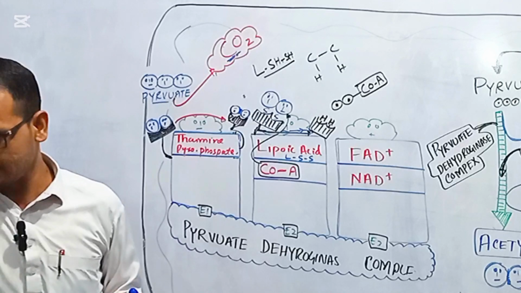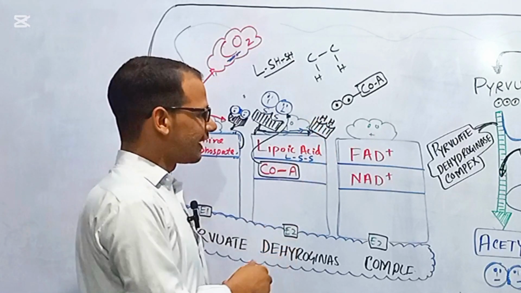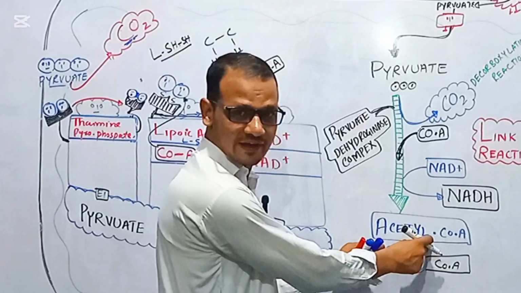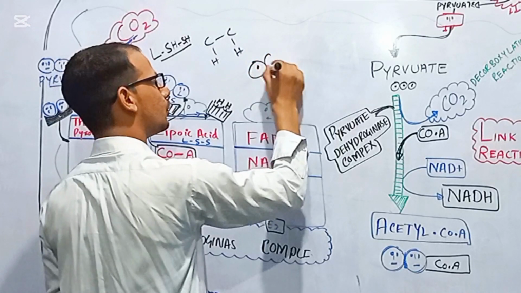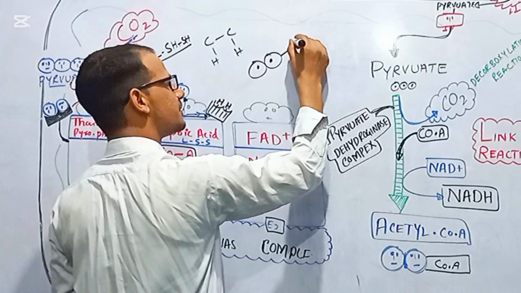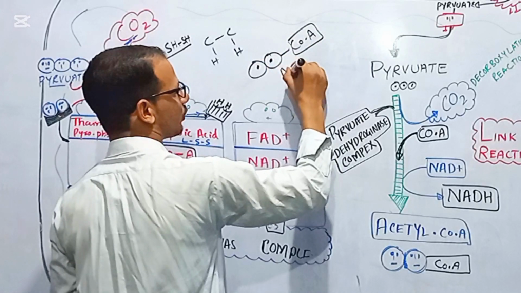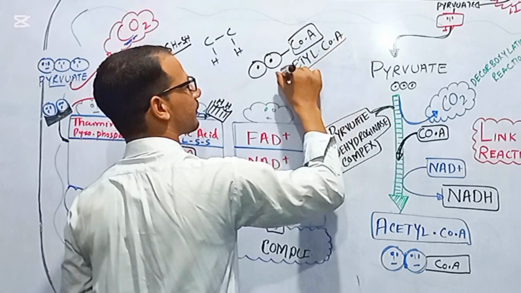Are you getting this point? Then this hydrogen, what will happen to this side? This is the product which we want as acetyl coenzyme A. This is our product, the 2 carbons with 1 chain coenzyme A. This is the product which we want, acetyl CoA.